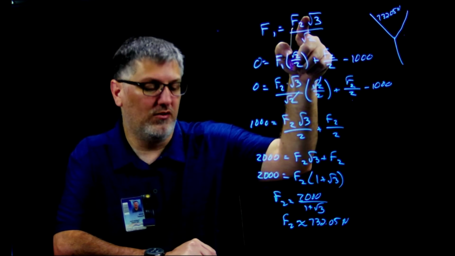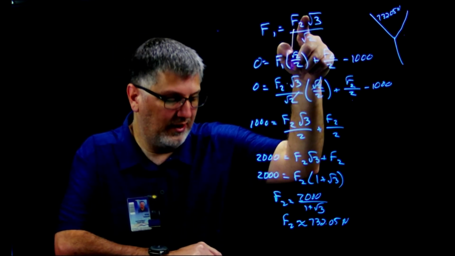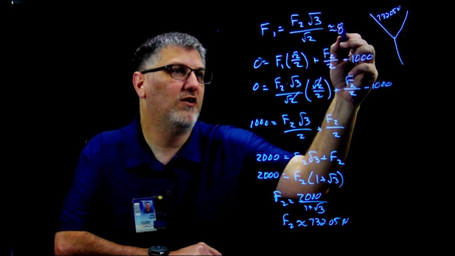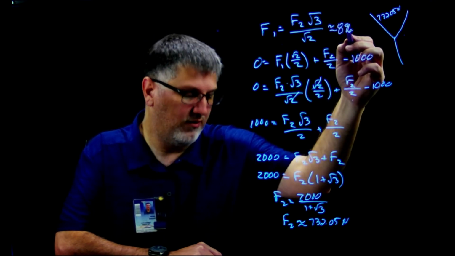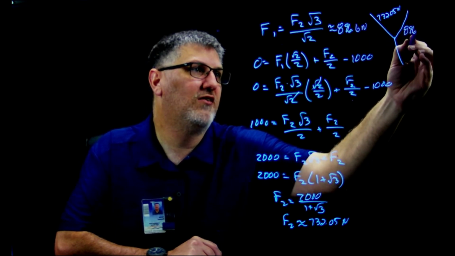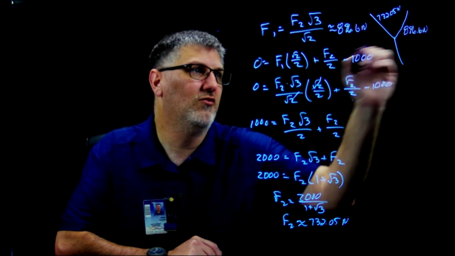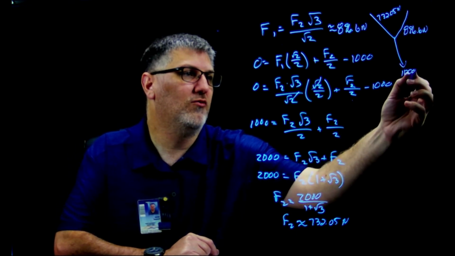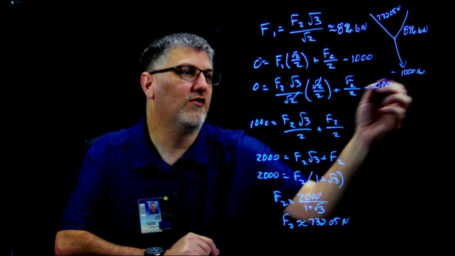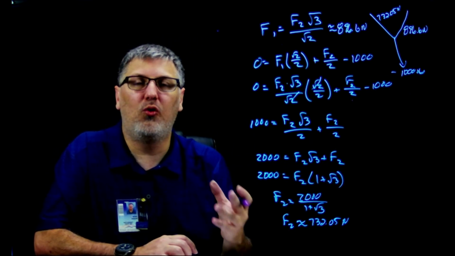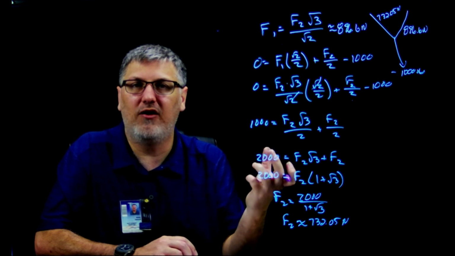I just plug it in. And once I plug that back in, I'm going to get this to be about 896.6 newtons. So this is 896.6 newtons. And of course, this is going straight down, 1,000 newtons, that's a negative 1,000. That's the tension on those cables to hold that 1,000 kilogram item in static.